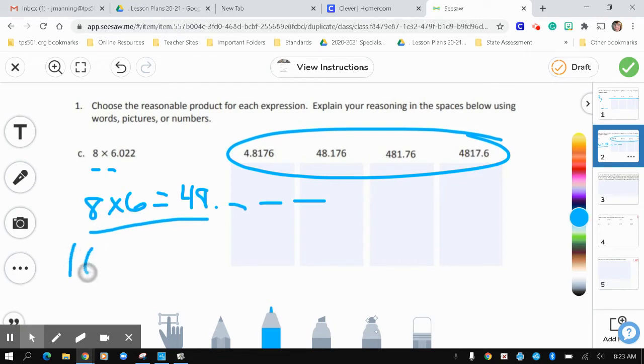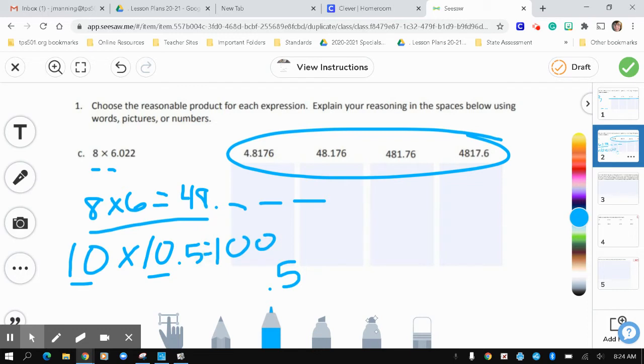If I was multiplying 10 times 10 and 5 tenths, I couldn't say that my answer should only have one place value behind the decimal, because 10 times 10 is going to give me 3 whole number digits. So pay attention to the whole numbers that you multiply and then count the place values behind it.